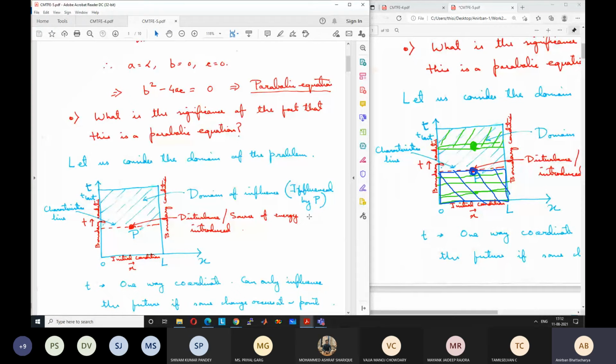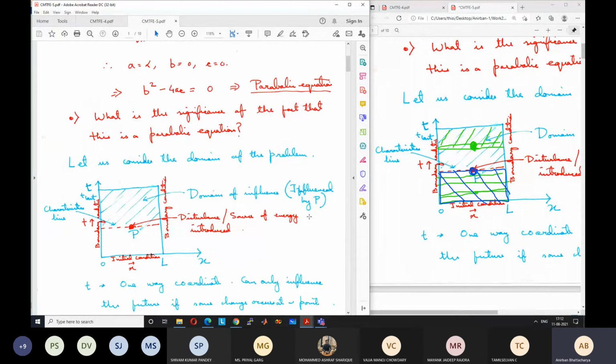If the flow velocity is very high, although it is not a time dependent problem, the point actually demarcates the domain of influence and domain of dependence in the pipe, or the example of the ink drop. So even if there is no time variable in the problem, we can still have separate domains of influence and dependence, depending on the nature of the problem. In that case, the nature was that the flow was very fast in one direction.